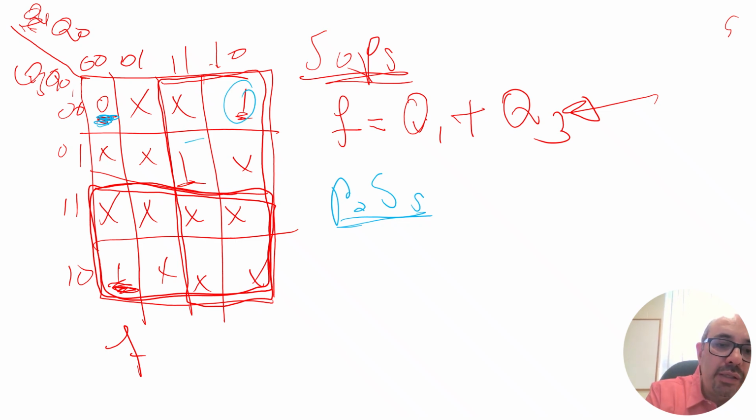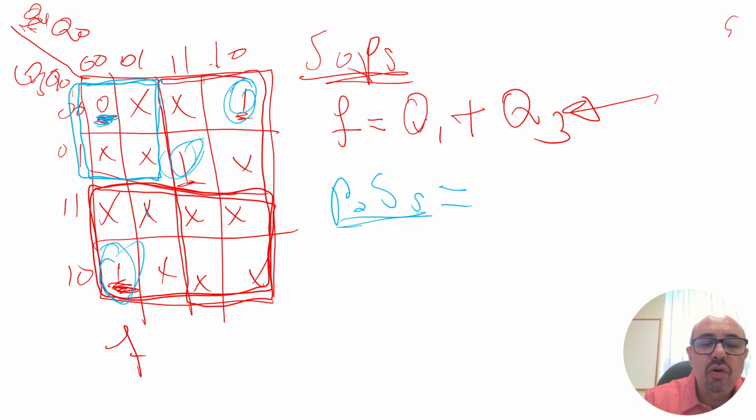No, because I have ones. Then I will see if I can group it in a group of 8. Still, I cannot. This will prevent me from having a group of 8, and this one too. So now I will try a group of 4. Yes, I can do this. So I can take these, and this is a group of 4.